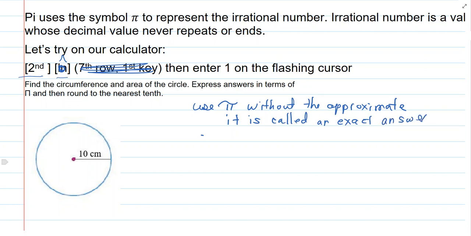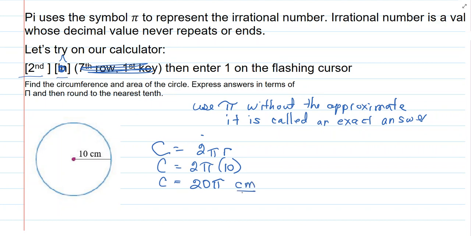So we want first the circumference, and we have a radius given, 2 pi r. The circumference is 2 pi times 10. So that would be 20 pi. So this is in centimeters. It's distance, so it's only units. This is exact. Then we want to the nearest tenth.